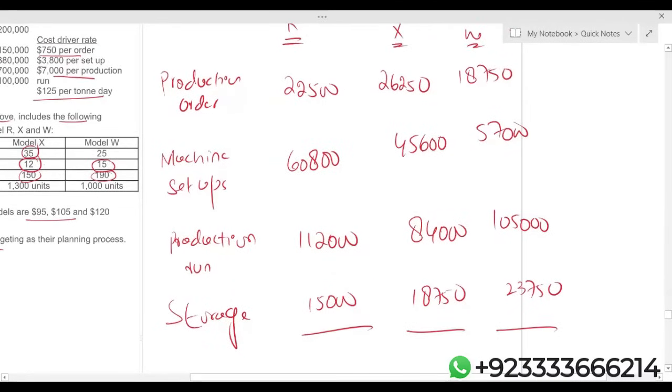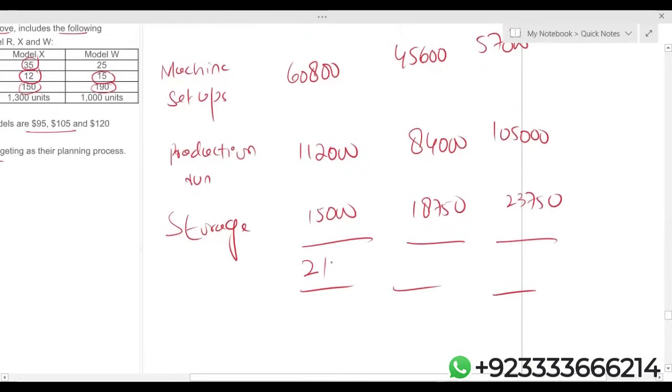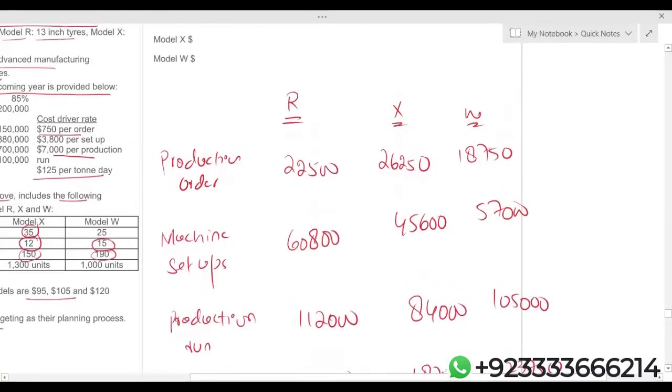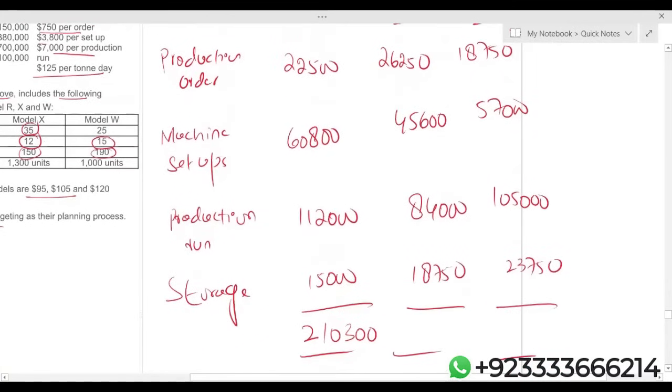So 22,500 plus 60,800 plus 1,12,000 plus 15,000. Students, I'm getting 2,10,300. Then 26,250 plus 45,600 plus 84,000 plus 18,750.